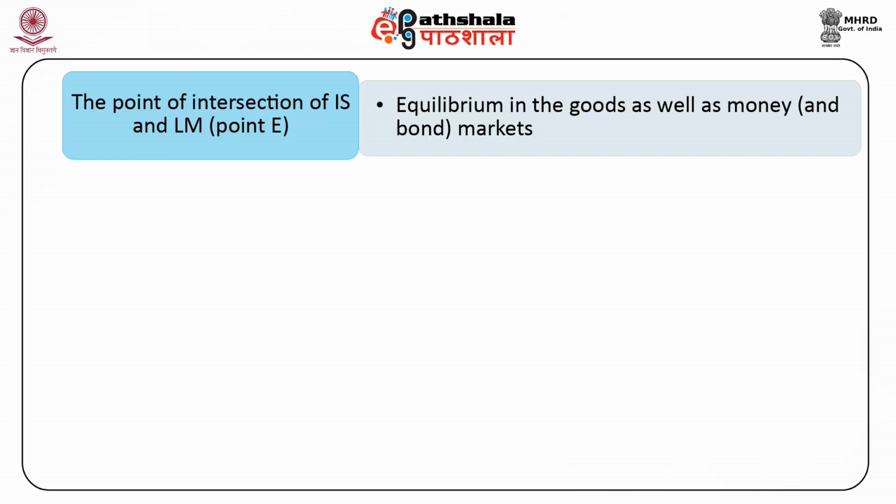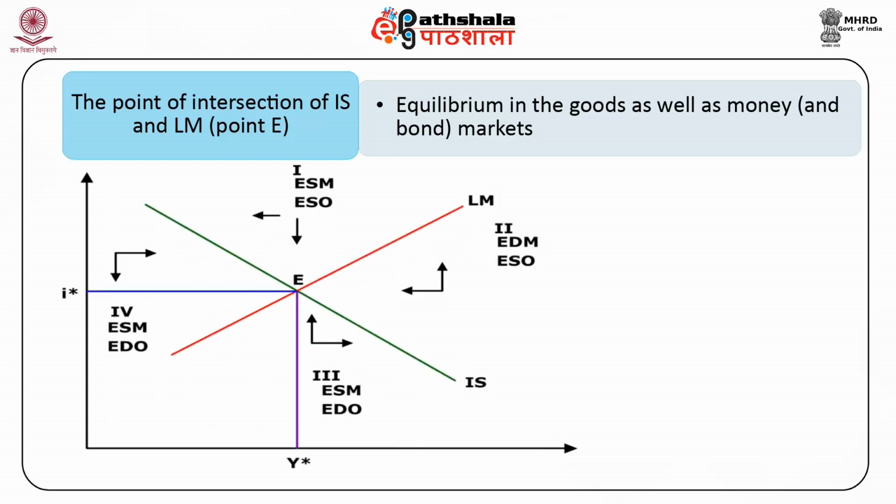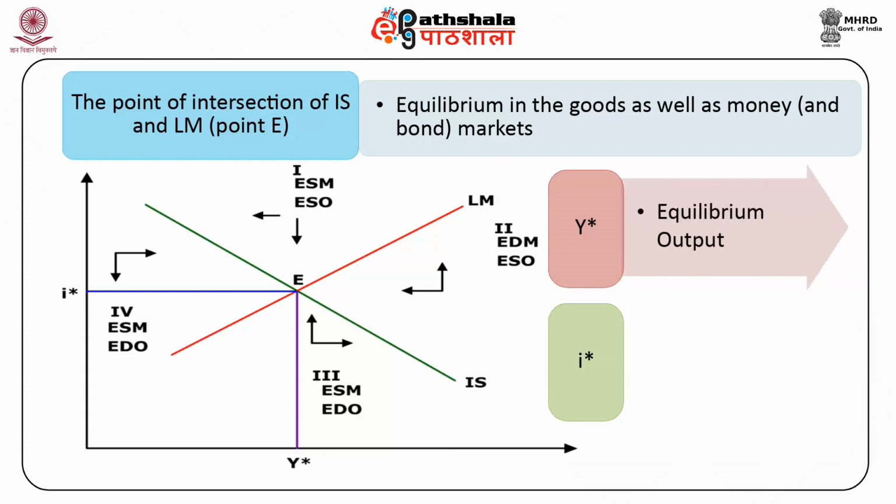We can see this in the figure. Y star, I star represents the equilibrium output and interest rate at which goods and money markets are simultaneously in equilibrium.